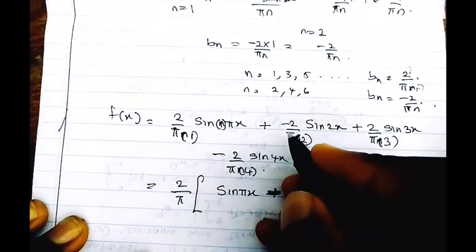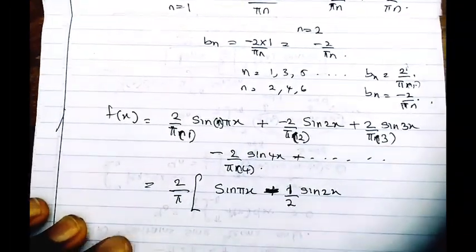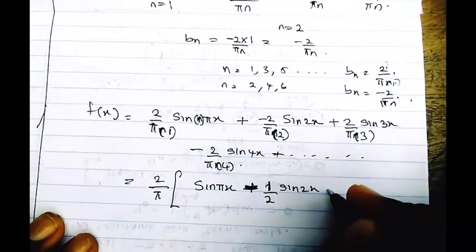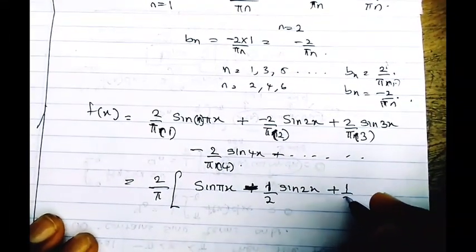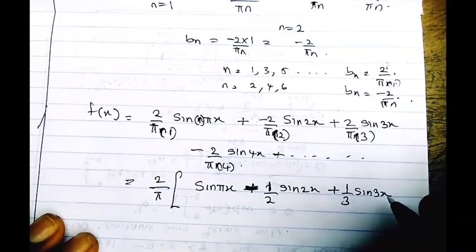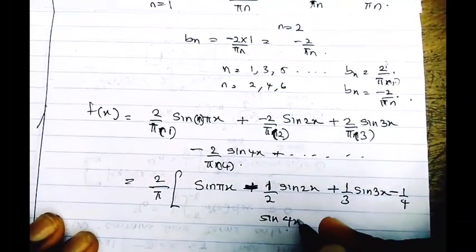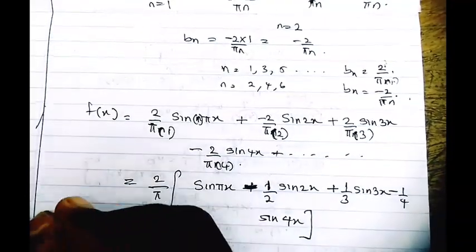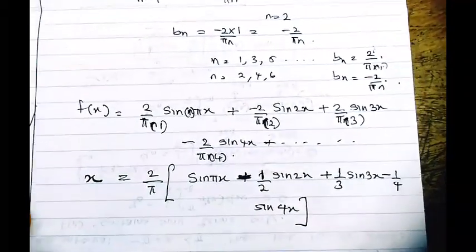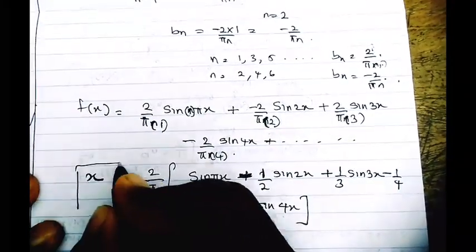Remember, when you factor out 2 over pi from here, all you're left with is 1 over 2. And plus 1 over 3 sin 3x minus 1 over 4 sin 4x. So this is the expansion for the Fourier series of x. So x is equal to this expansion.